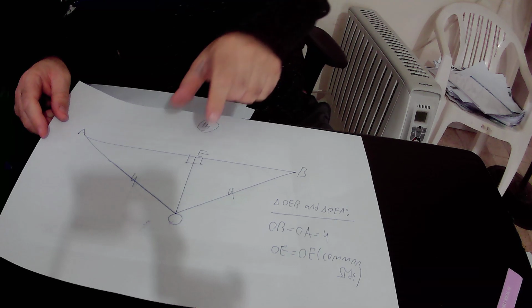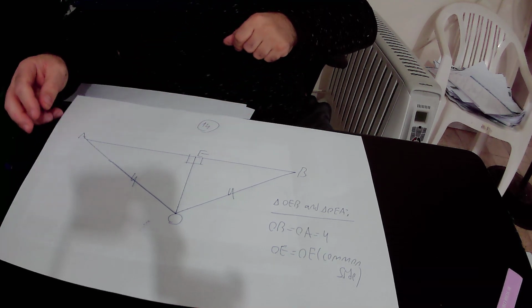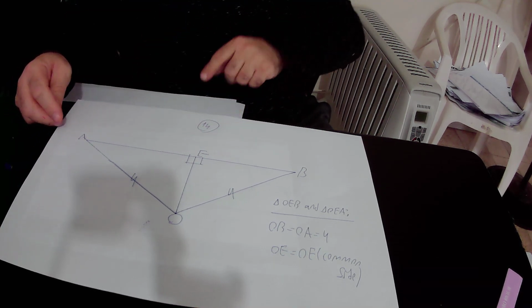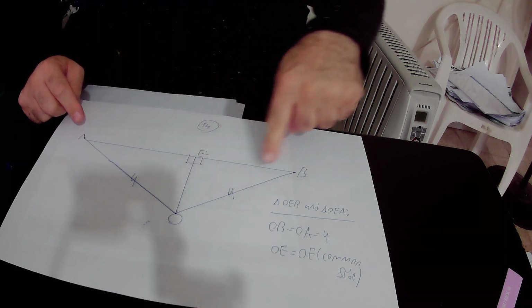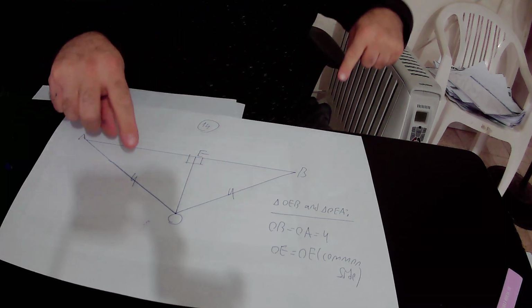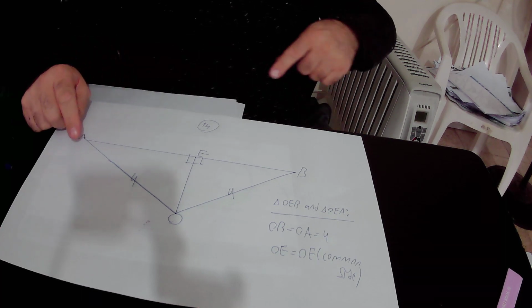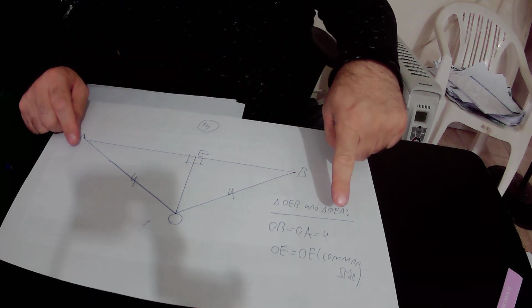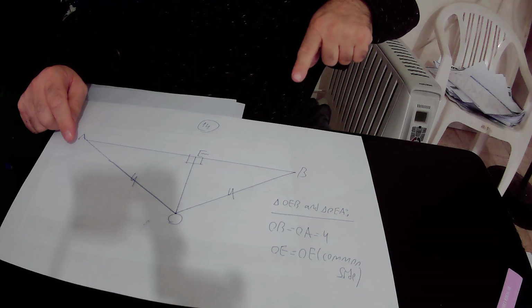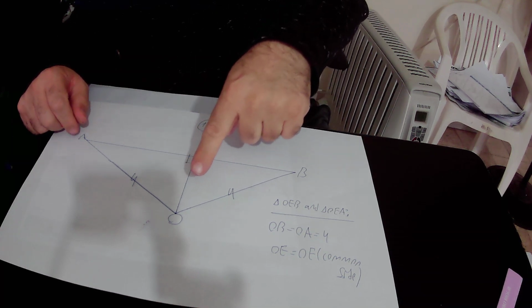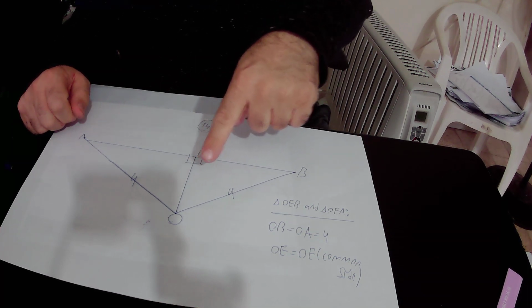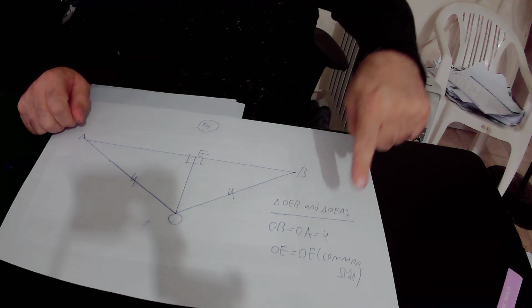Why can they go into each other? Because OA equals OB equals 4 units. They are the radiuses of the semicircle, so they are equal to each other. OB equals OA equals 4. And OE is a common side, it belongs to both triangles, so OE equals OE.